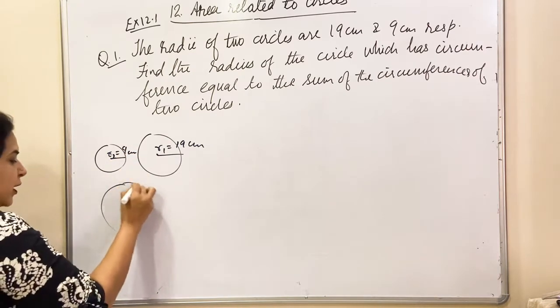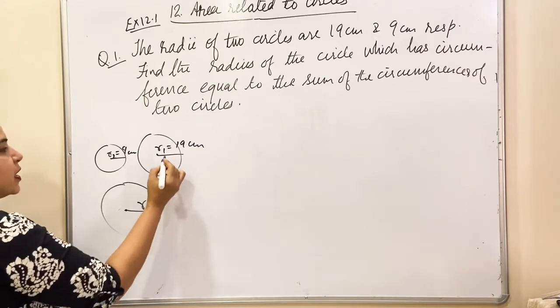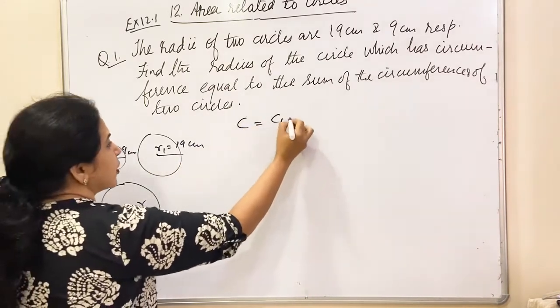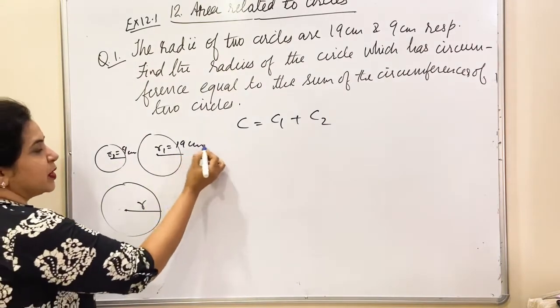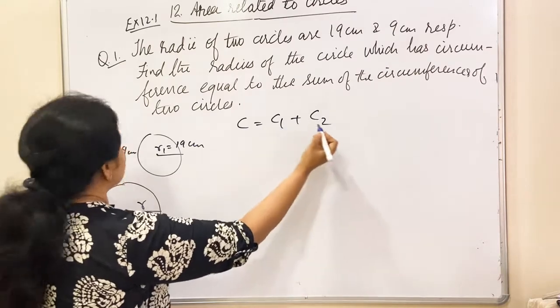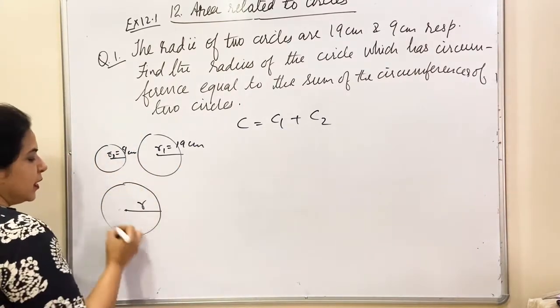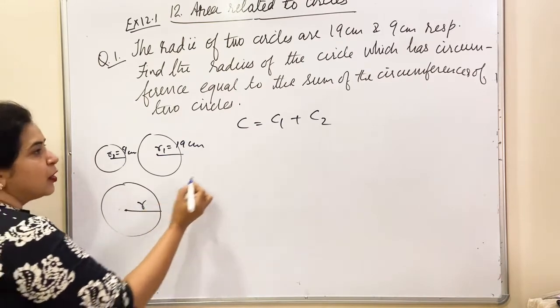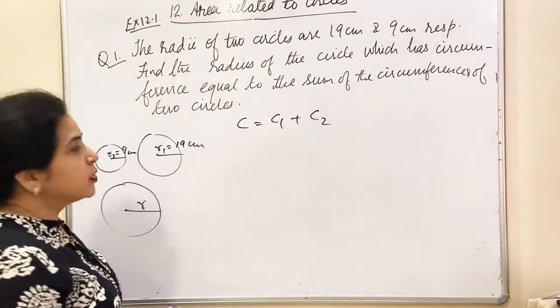We want to find radius of another circle whose circumference is equal to sum of circumference of two circles. So let the radius of first be r1, radius of second be r2. Let the circumference of first circle c1, circumference of second circle c2, and let the radius of third circle be r, whose circumference is sum of circumference of the two circles.